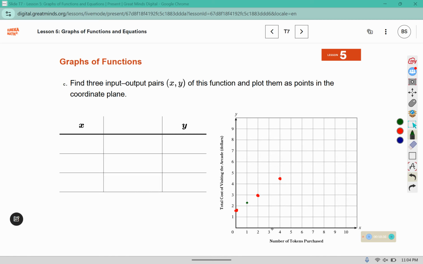We could buy 3 tokens. 3 times 75 cents is $2.25 plus $1.50 would be $3.75. 5 times 0.75 or 75 cents plus $1.50 is $5.25. 6 times 0.75 plus $1.50 would put us at $6.